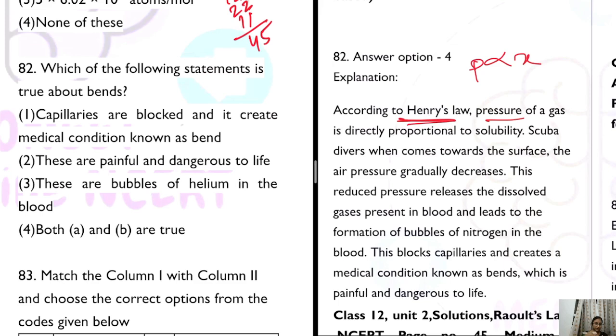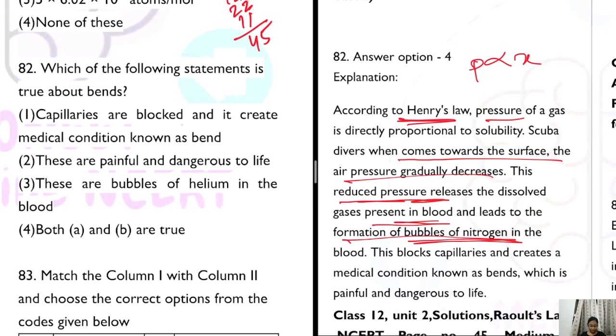When we go up in the layers, the pressure will decrease. So when divers come towards the surface, air pressure gradually decreases. That is why this reduced pressure will release dissolved gases present in blood, and this will lead to formation of nitrogen bubbles in the blood.